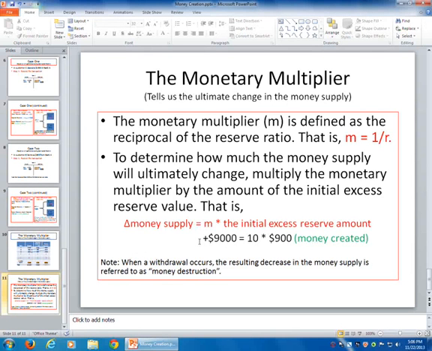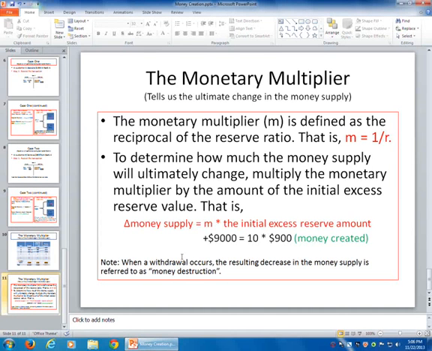It is worth noting that if you run this process in reverse, that is, instead of having a deposit, if you have a withdrawal, it's going to create something called money destruction. So instead of money being created, money will be destroyed. Because if you're pulling money out of the banking system, that represents subsequent loans that can't be made, and so money in the process will be destroyed.